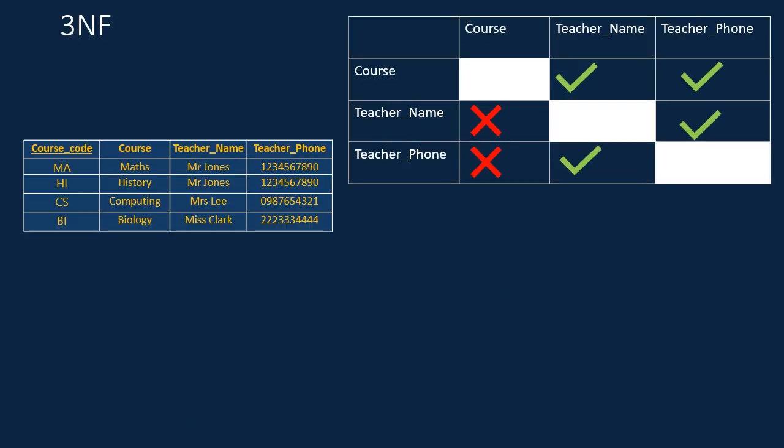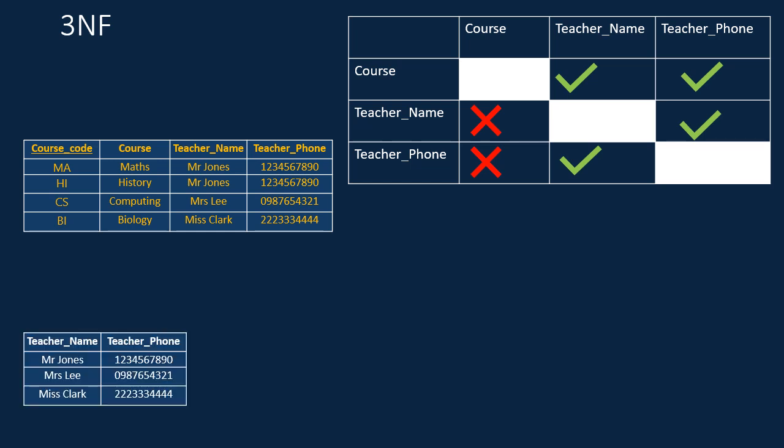Given our completed grid, we're going to apply this to our table to break this up into 3 tables. So let's have a look at how we do that. The first table has teacher name and teacher phone. Because there's a two-way dependency here, we can put that into a separate table.